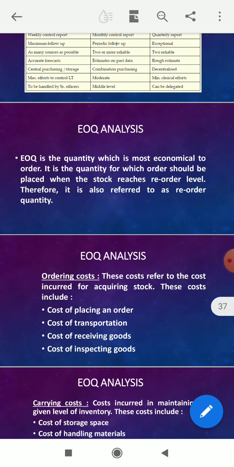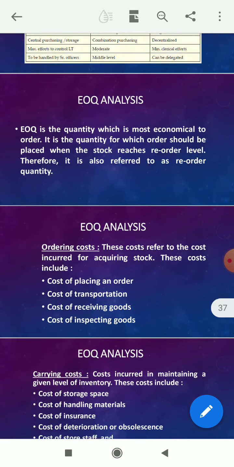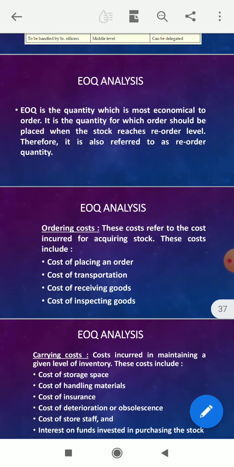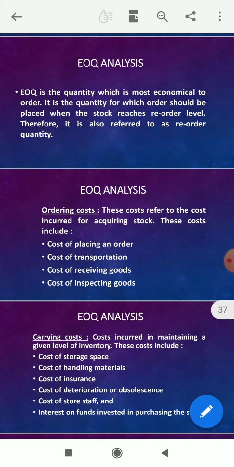In economic order quantity, we can consider the following factors. First one, ordering cost. These costs refer to the cost incurred for acquiring stock. These costs include the cost of placing an order, cost of transportation, cost of receiving goods, and cost of inspecting goods.